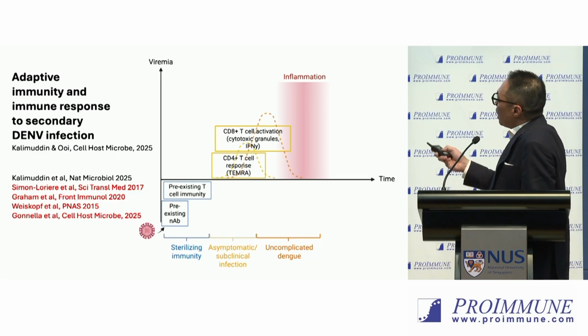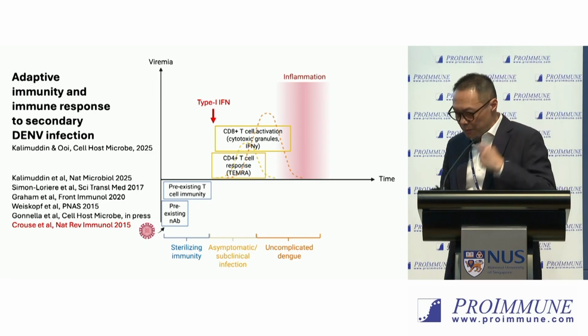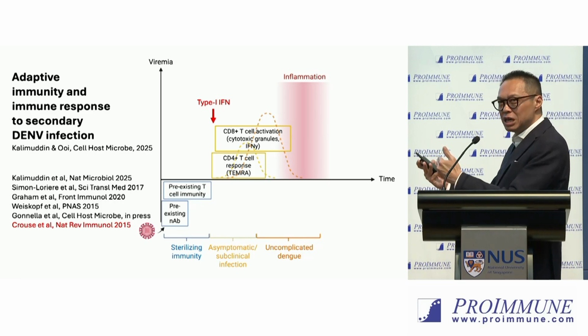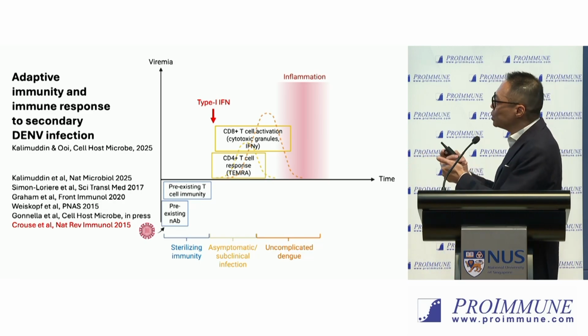Then why is it that some people do this? What do we need to trigger this level of T cells? The answer appears to be type 1 interferon. In these papers, they didn't attribute it to this, but they did measure interferon and found it high in those with mild dengue but low in those with severe dengue.